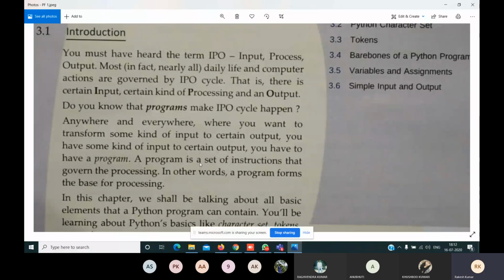What raw materials? Tea, sugar, milk. Good. So you need raw materials like water, milk, sugar, tea leaf, ginger, elaichi, etc.